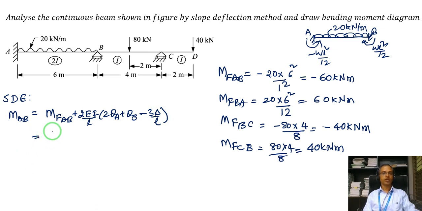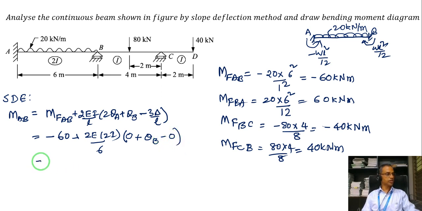Now we know that MFAB is minus 60 kilonewton meter plus 2E, and the moment of inertia for the span AB is 2I by length of the span AB, which is 6, into 2 theta A. This support A being a fixed support, theta A is 0, plus theta B, this is a rotation, will exist at B, so theta B is unknown, and support B is not sinking, not mentioned in the question, that means this is 0. 3 into 0 by L. So everything is 0.